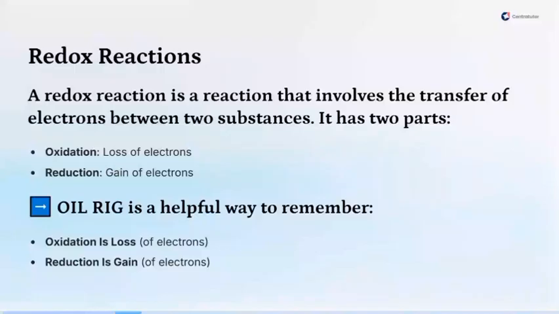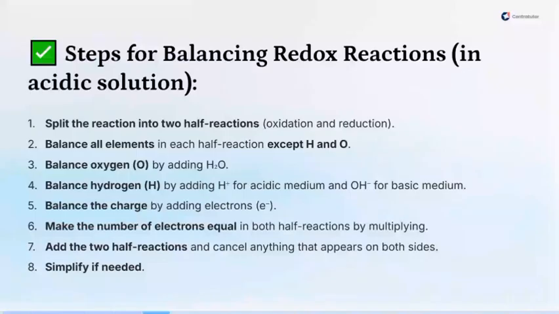So now, when I say redox reaction, I'm talking about the general thing that happens in every reaction, reduction and oxidation. So a redox reaction is a reaction in which species undergo both oxidation and reduction.